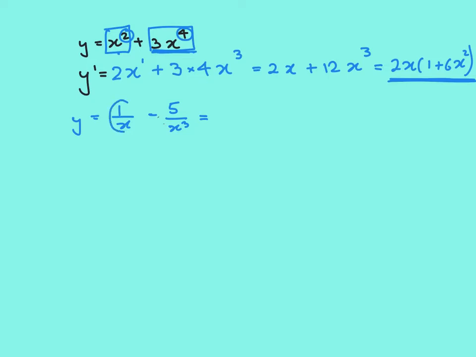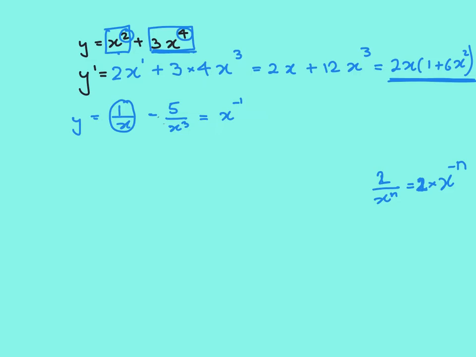So 1 over x is the same as x to the power of negative 1. Please remember, on the side, 1 over x to the power of n is the same as x to the power of negative n.